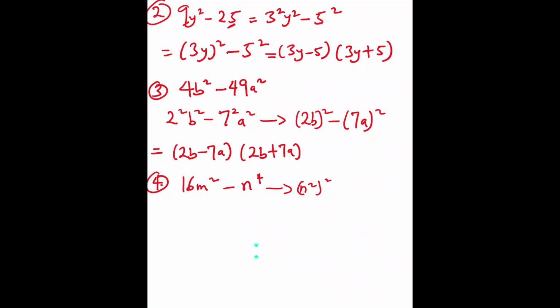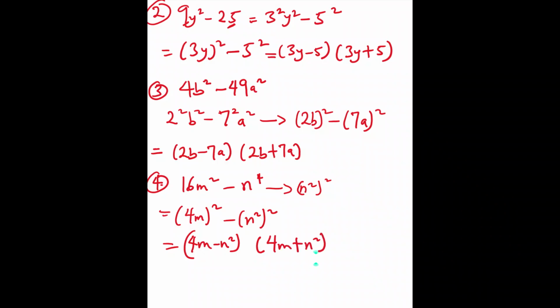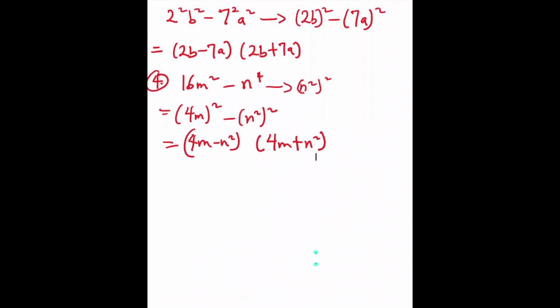So n squared, all squared, is the same thing as n raised to power 4. Now let's break it down. This will be 4m all squared minus n squared, all squared. So the final answer will be 4m minus n squared into 4m plus n squared.